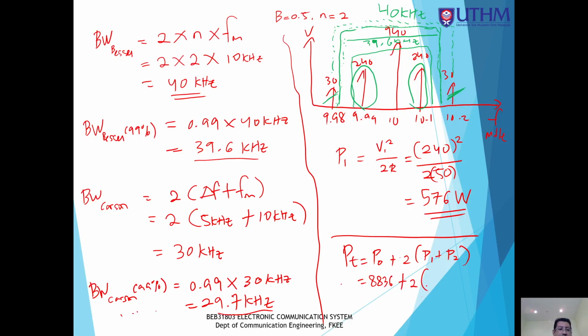P1 is 240 squared divided by 100, so you get 576. P2 is 30 squared divided by 100, so you get 9. So 576 plus 9, times 2, plus 8836.